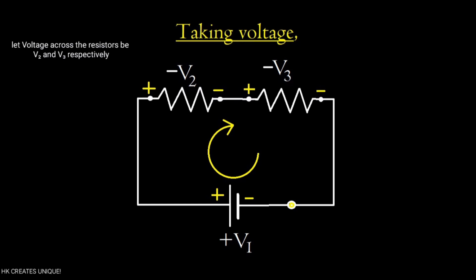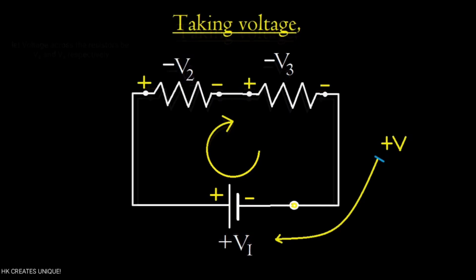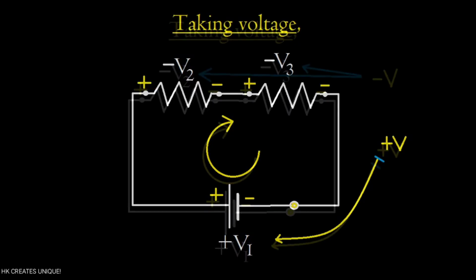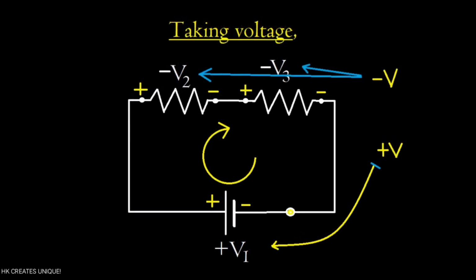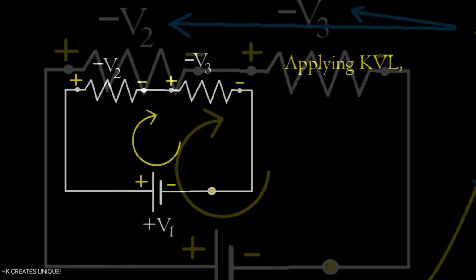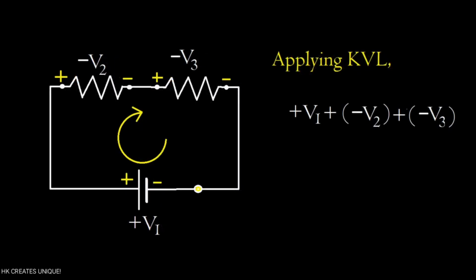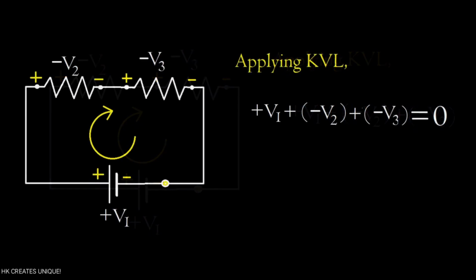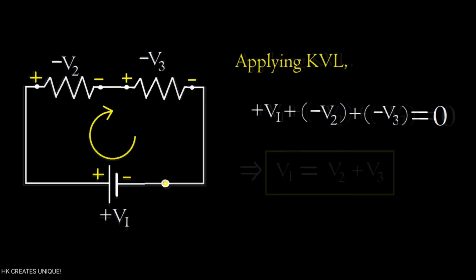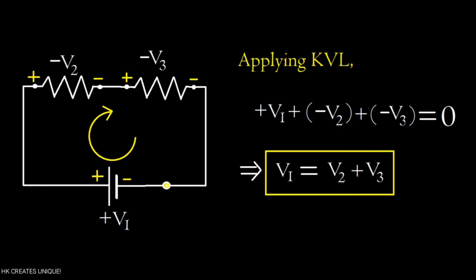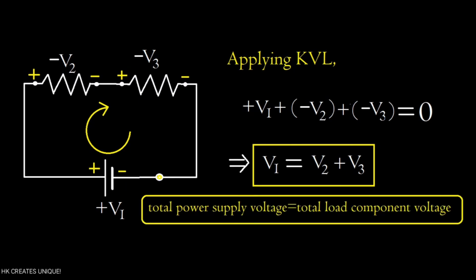As you can see, using this procedure, nothing will be wrong. If power supply voltage is taken positive, load component voltage will always be negative. Okay, now you can apply Kirchhoff's voltage law in the loop. Add all the voltages found in the loop and it should be equal to 0. If you rearrange the equation, you can find that the total power supply voltage equals total load component voltage.